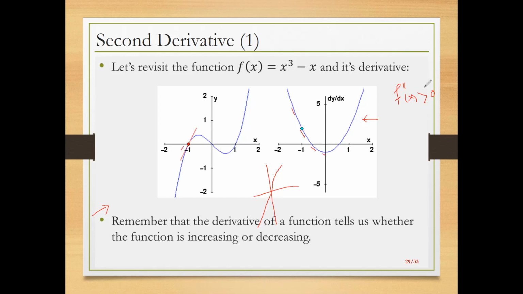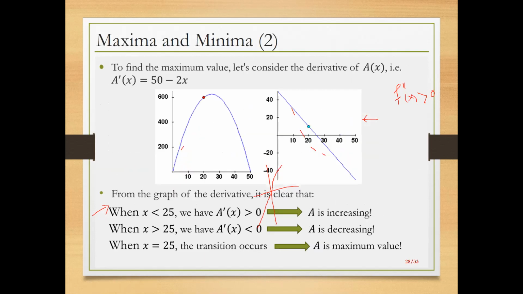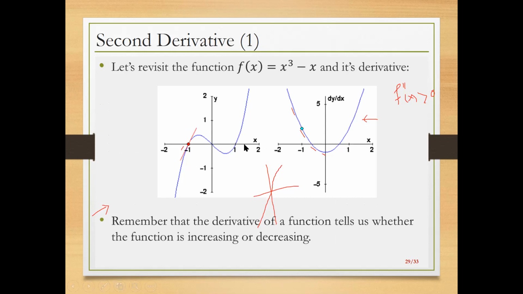One minute, I'm sorry, I'm confused. If f double prime is positive and f prime is decreasing, yes, so it's going down, true. So it means that at this point, not this point, at this point.